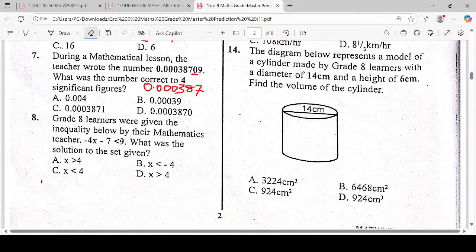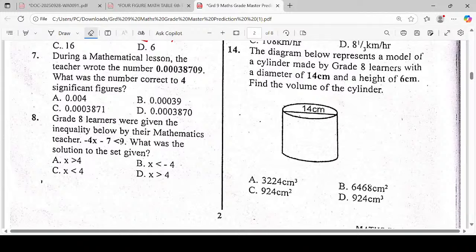Remember how we began our discussion, that a zero before a number is not significant. But when a zero, learners, appears in between two non-zero digits, then that zero becomes significant.